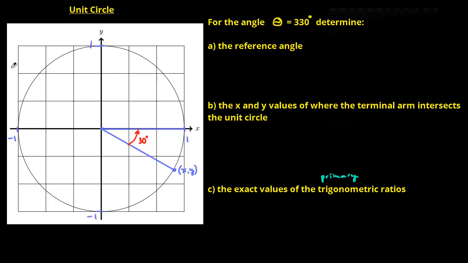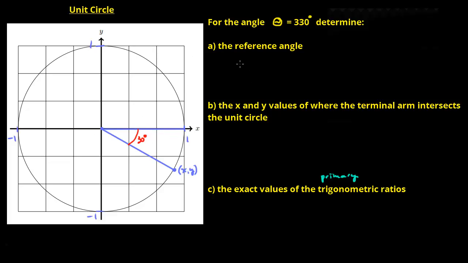Let's not draw an arrow, let's just write it as 30 degrees. When we draw an arrow, it makes us think that this angle is positive or negative, but we always define the reference angle to be a positive acute angle. So let's not get that mixed up with directions of angles. Okay, so this angle is 30 degrees.